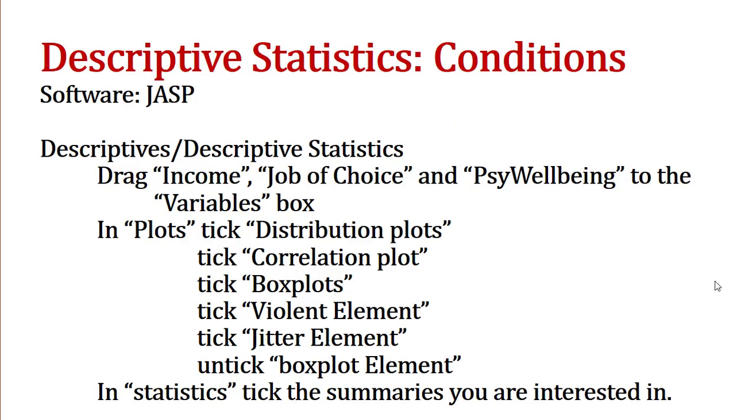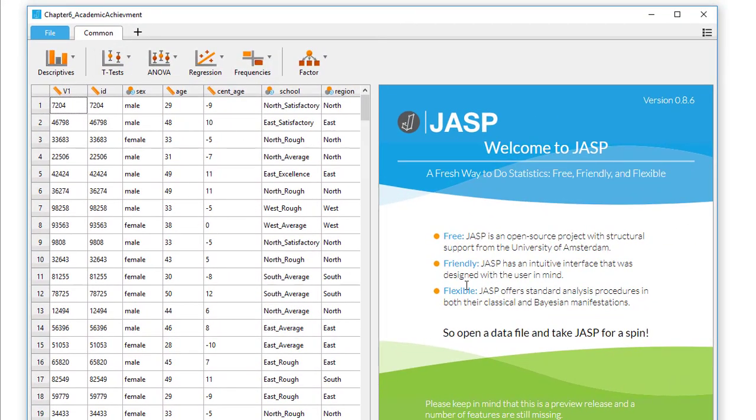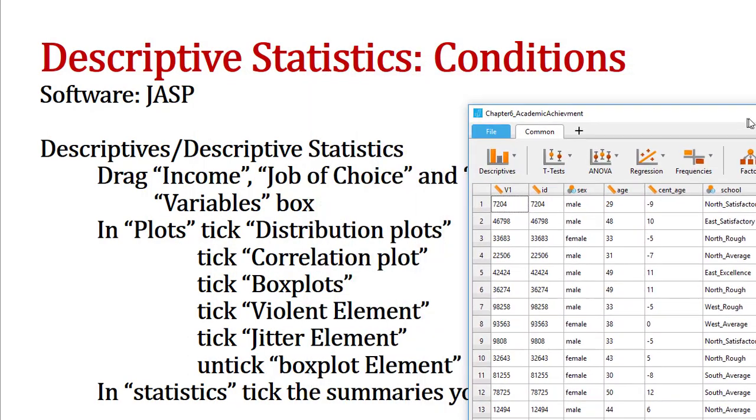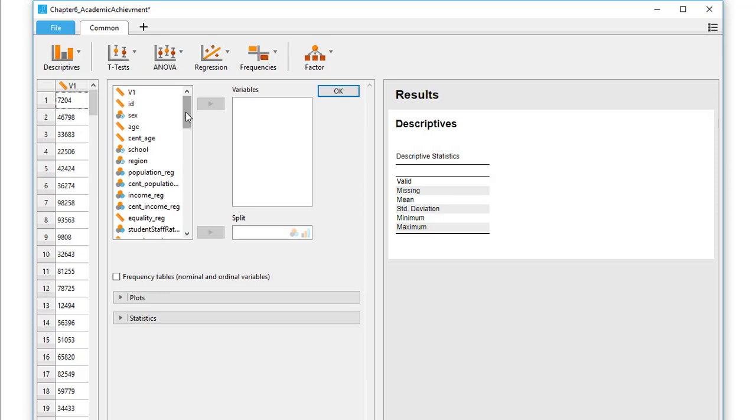Okay, so first, descriptive statistics of this study. We are going to use JASP. So we've got JASP here, we've got the data, and we go to descriptives, and we are going to get descriptive statistics, and we look at the variables that we are interested in, which are income, job of choice, and psychological well-being.